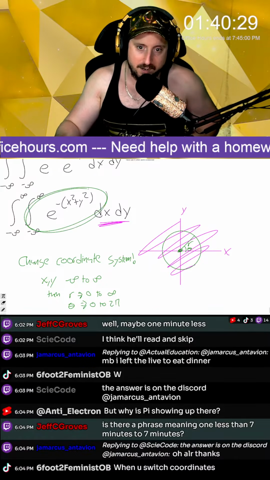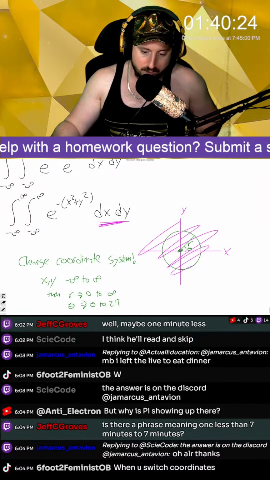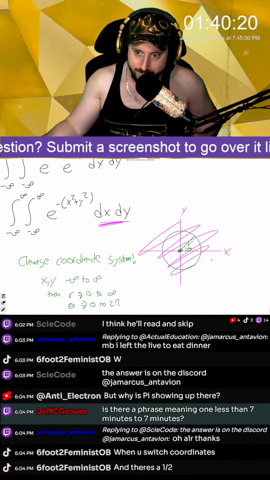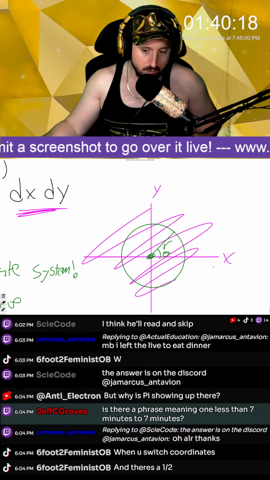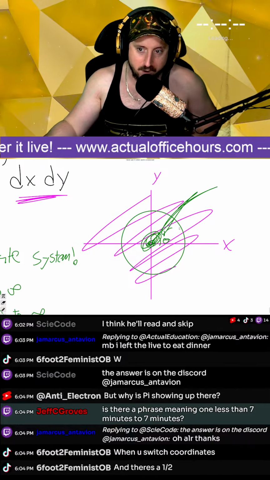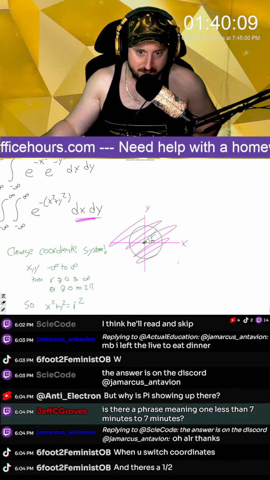But I decided that I don't like doing this integral in Cartesian. So I did a coordinate transform. Instead of defining things as the distance along x and the distance along y, I put things into polar, which means now I define points as how far away from the center they are, which is r, and then what angle they are from the x-axis, which is theta.